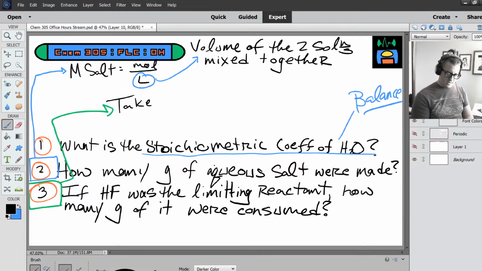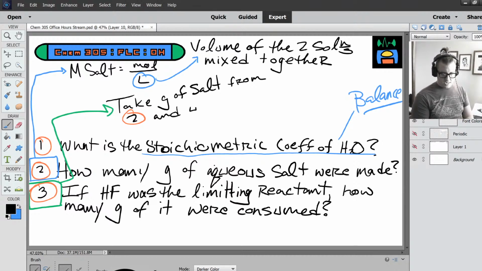Take the grams of salt from step number 2 and use stoichiometry. Those are my starters.